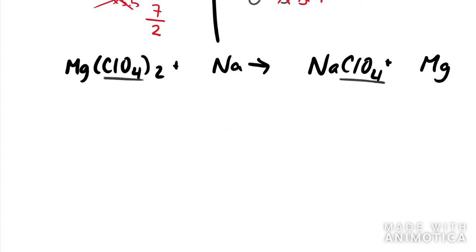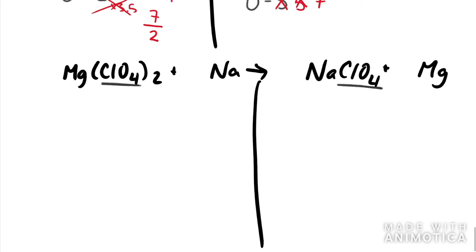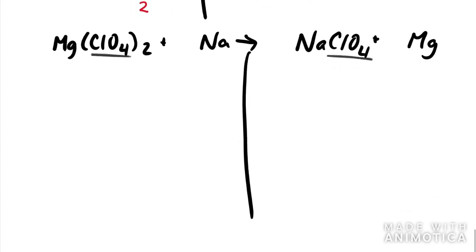But the first thing we do, draw a line. So we have Mg, Na, and then I'll put my polyatomic, ClO4. This only works because the elements are kept together on both sides. If there's any other oxygen or any other chlorine in this equation, I couldn't do it this way.